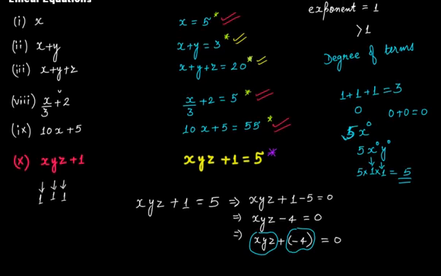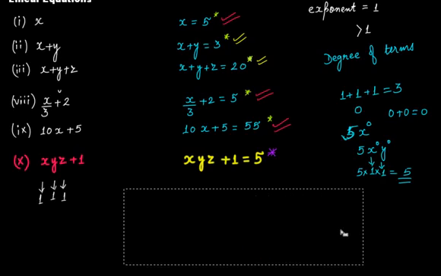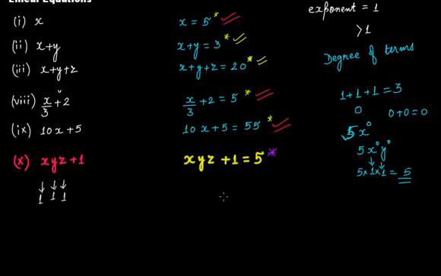Then you will be wondering whether whatever we have discussed here can be related to this one. Yes, exactly. This is x equal to 5. I can write this as x minus 5 equal to 0, because I can transpose 5 to the left hand side. Now this can be written as x plus (minus 5) equal to 0.